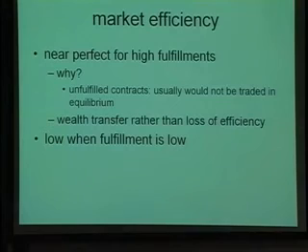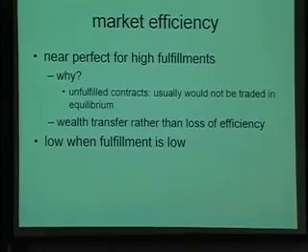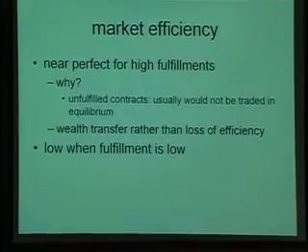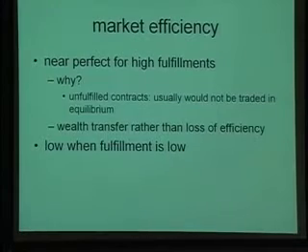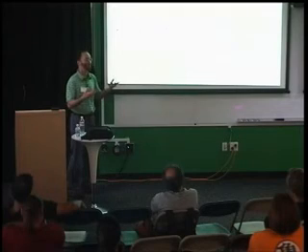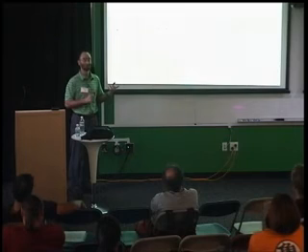The market efficiency was really quite high when fulfillment was high, and one reason for this is that the contracts that were not fulfilled tended to be ones that would not trade in equilibrium anyway. Perhaps someone made a really good deal, and the reason it's a good deal is because they didn't intend to fulfill it. Maybe. We don't know, again, what's going on inside people's heads.